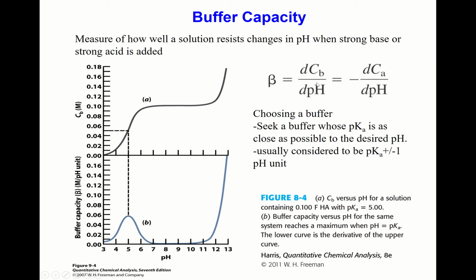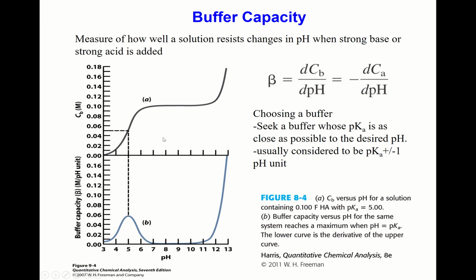Or it can be expressed by acid concentration. The pH change is just the opposite when you add a strong acid, and then it is defined by minus dCA over dpH.